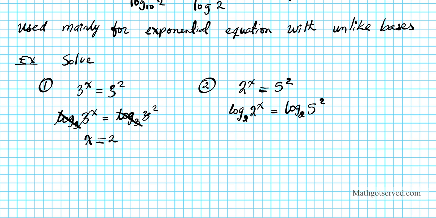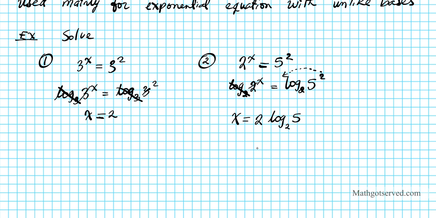You notice on the left side, these cancel out, and you're just left with x equals, now I can power this 2 down, 2 log base 2 of 5. All right. Now I cannot plug this into my calculator if I want to find the approximate value. So what do I have to do? I have to do a change of base, right? So this basically becomes 2 log 5 divided by log 2.